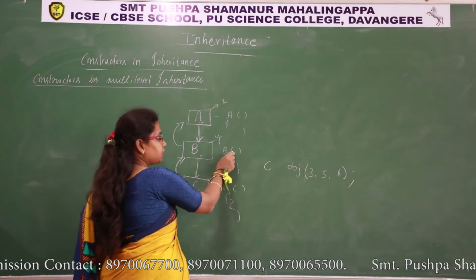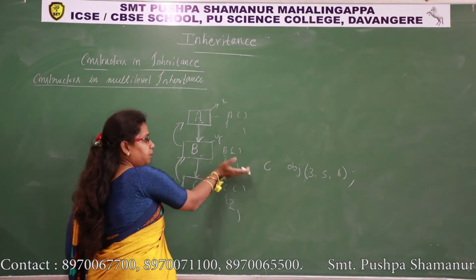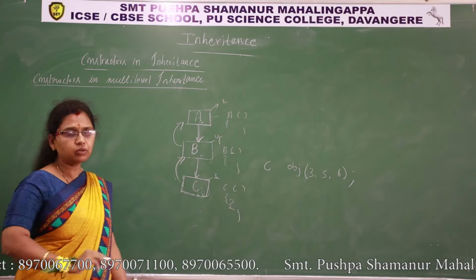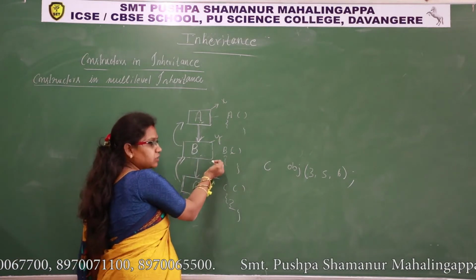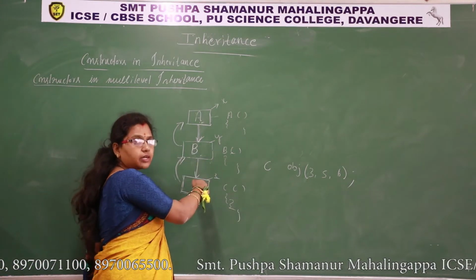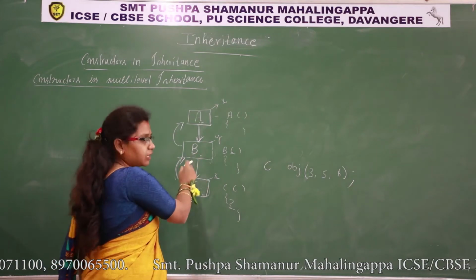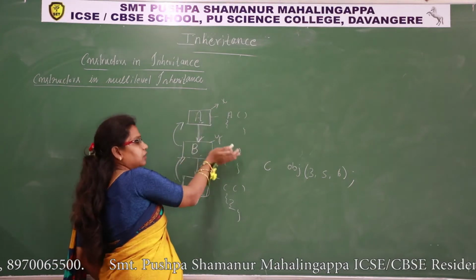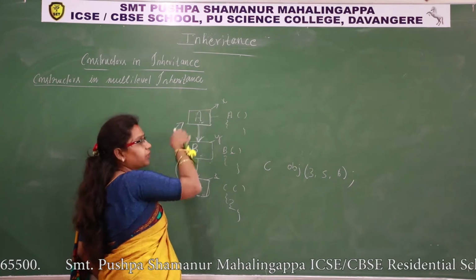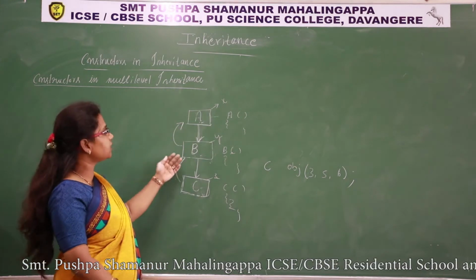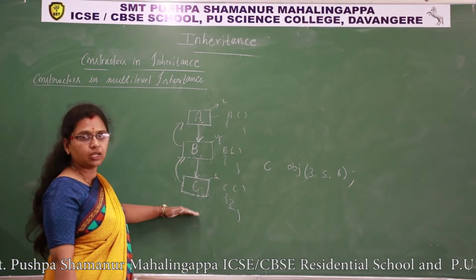So again, when class C passes 2 parameters to class B, class B takes one parameter to its own data member, and another parameter it passes to its parent class. But initialization takes place from base class to derived class.